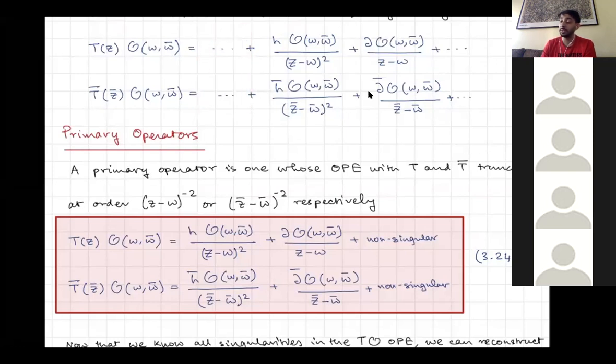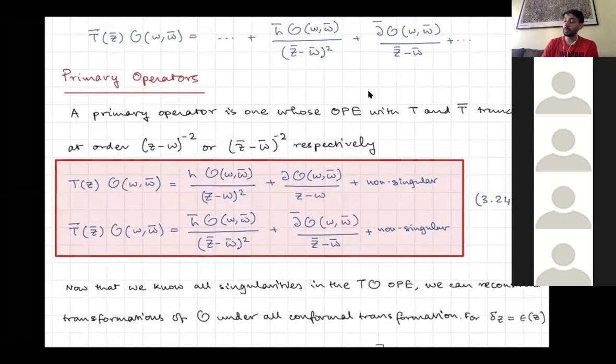So the most singular term is going to be the one with z minus w to the power minus 2. This is the leading term, and the rest of the terms are there. So there are two singular terms, and then the rest are non-singular.